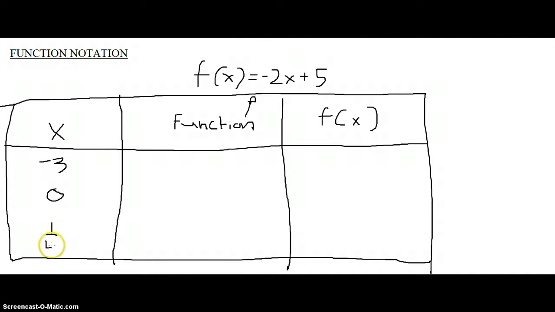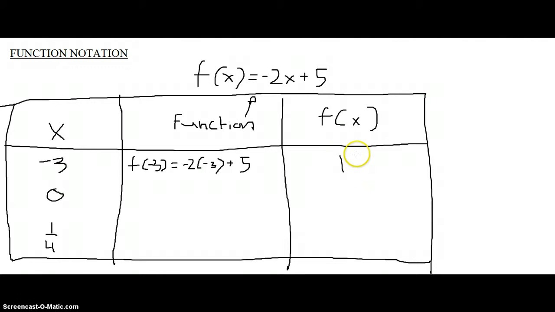The function rule. F of -3 equals -2 times -3 plus 5. So it looked like this. -3 times -2 is +6, plus 5.